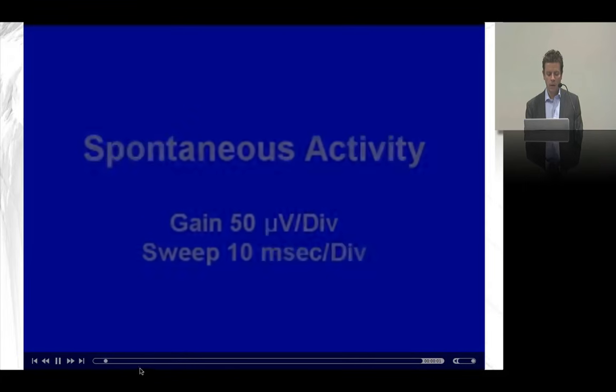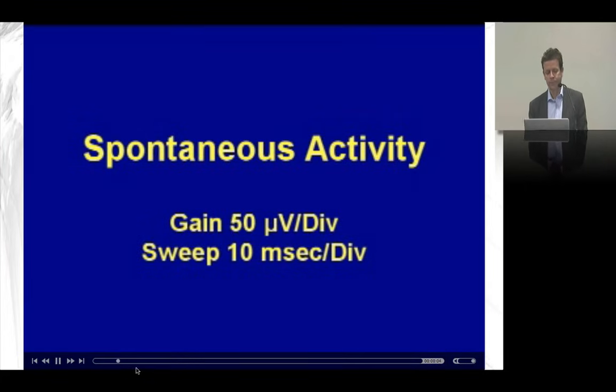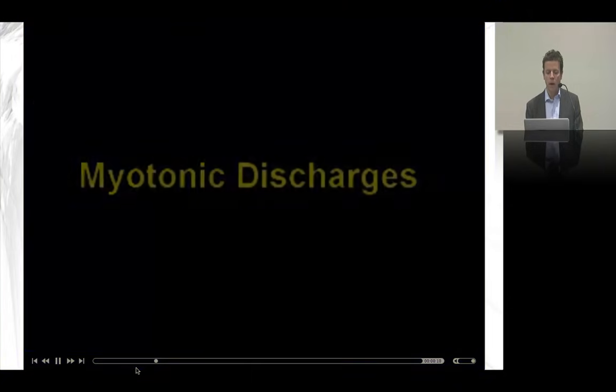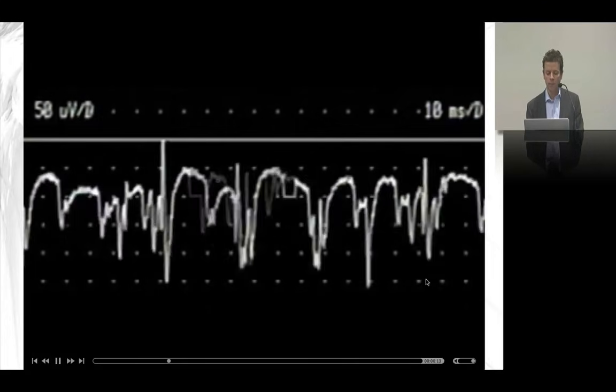And finally, this is myotonia, which is very characteristic, said to be like a dive bomber, but it's probably more like a revving motorcycle up and down, where you get a crescendo-decrescendo firing.